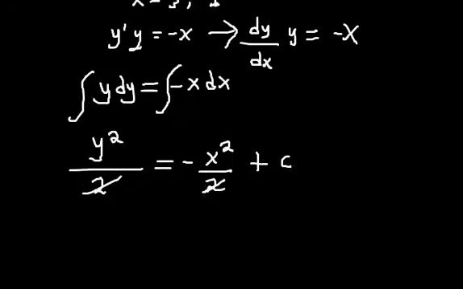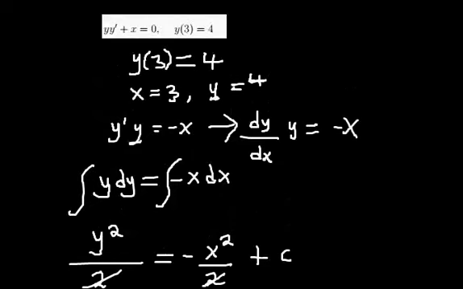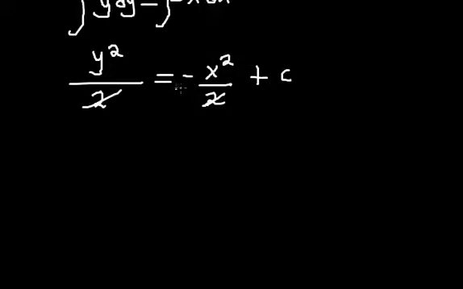Okay, so apply the initial value, right? I have x equal to 3, then y is equal to 4, right? So I'm having 4 square is equal to minus 3 square, right? Then plus the constant c.